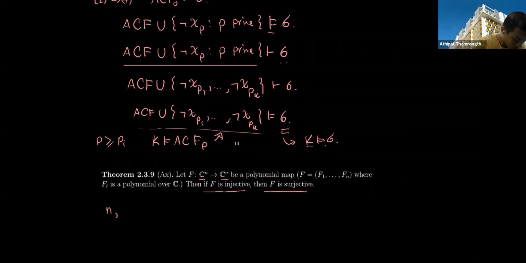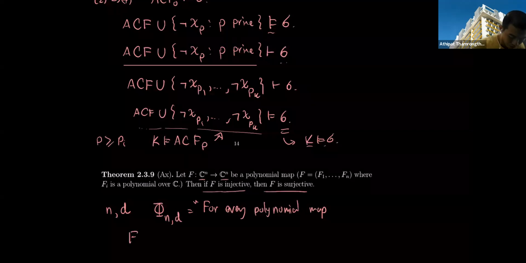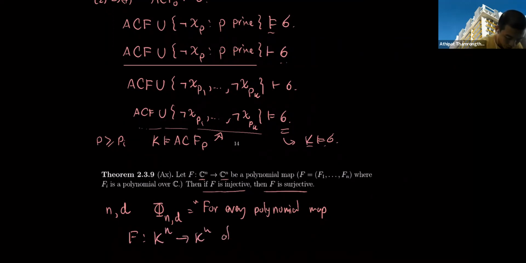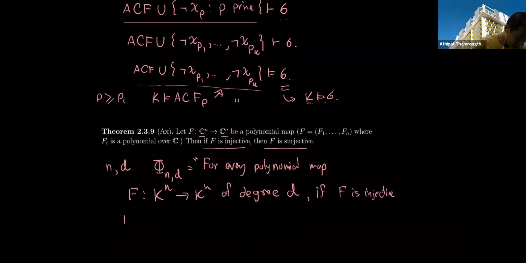For each n and d, we're going to let phi_{n,d} be a statement that says that for every polynomial map f from k^n to k^n of degree d, if f is injective, then f is surjective.